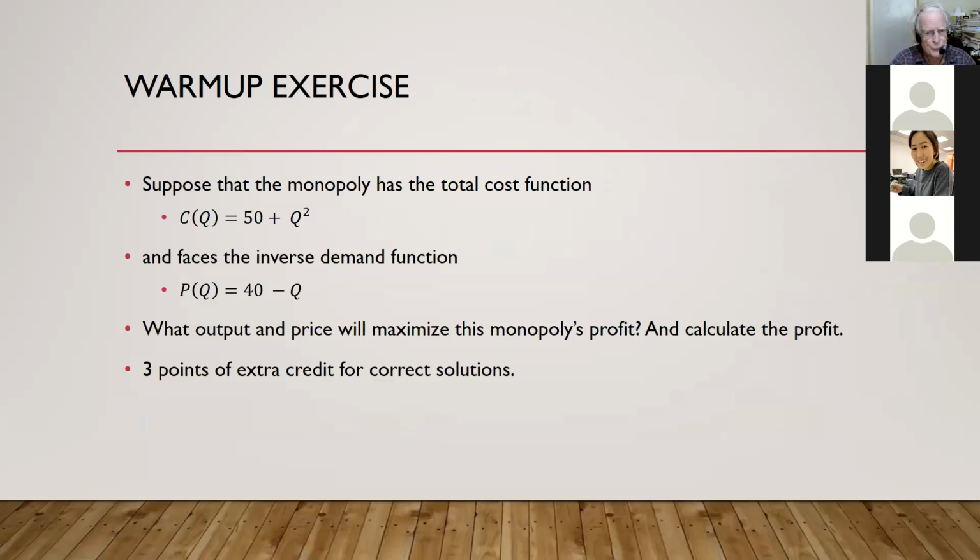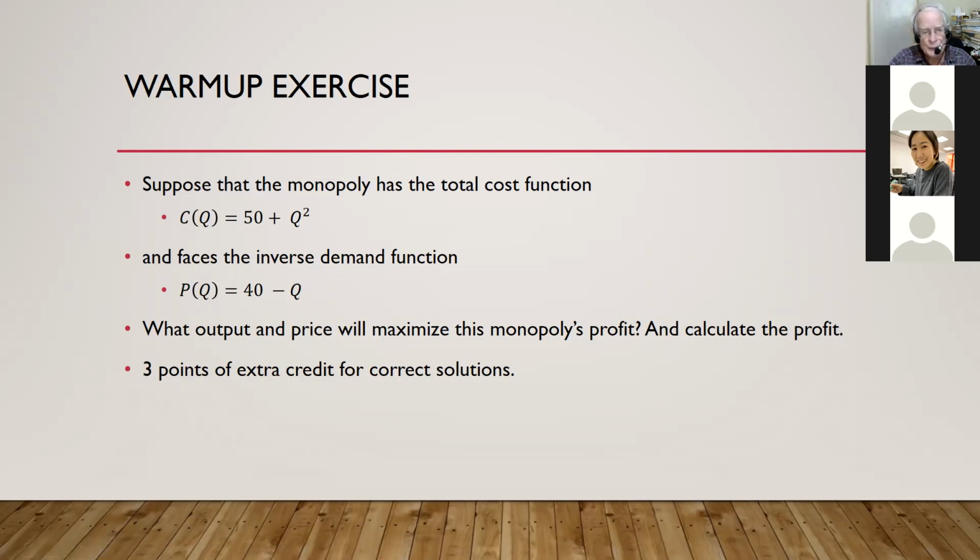So there's a puzzle for you to try in the next 5 minutes. I've given you a total cost function and then an inverse demand function that is price as a function of output, again for Amir's airline. So can you find the number of flights and the price of each flight that will maximize profits in this case?